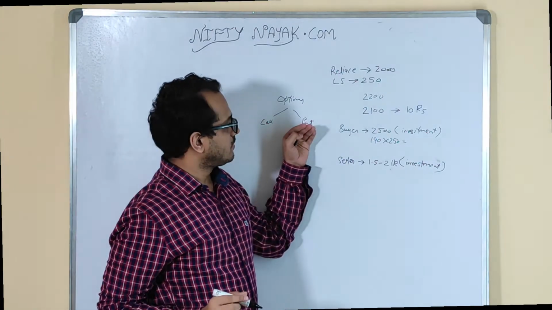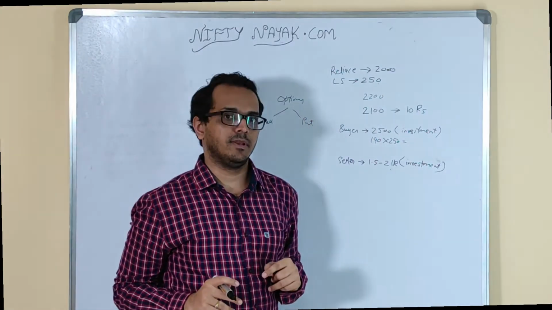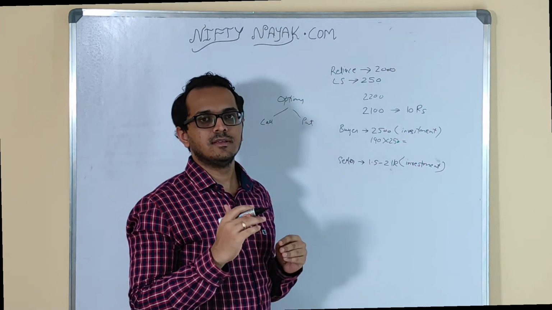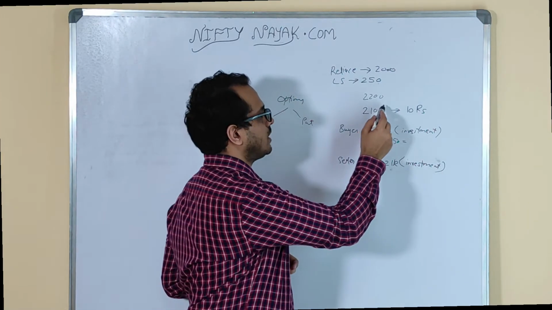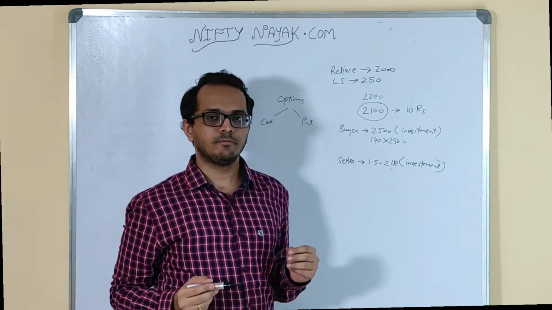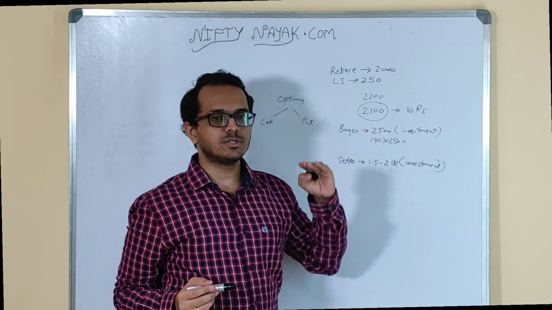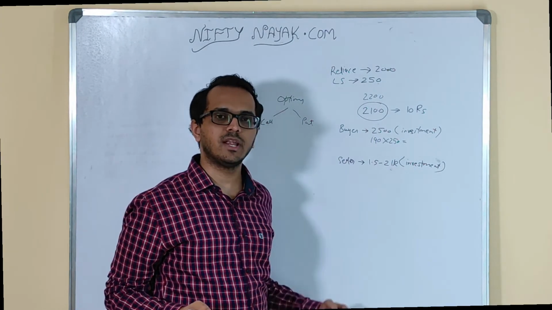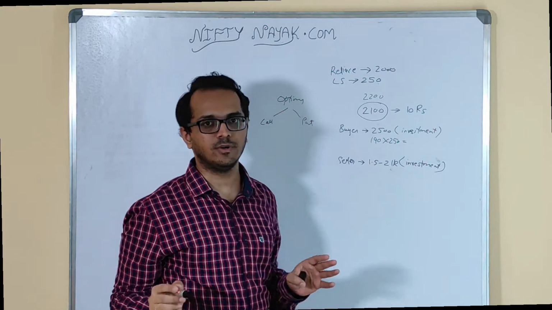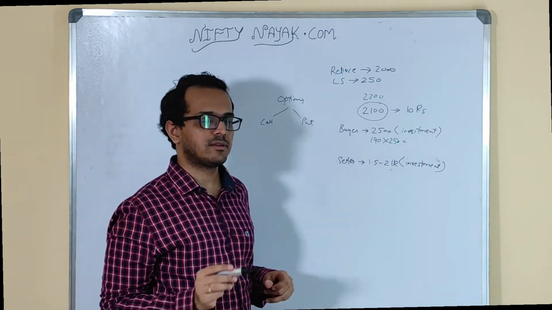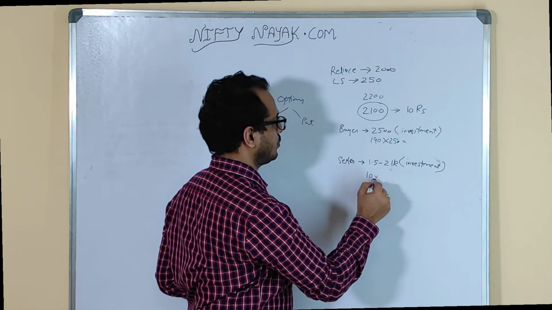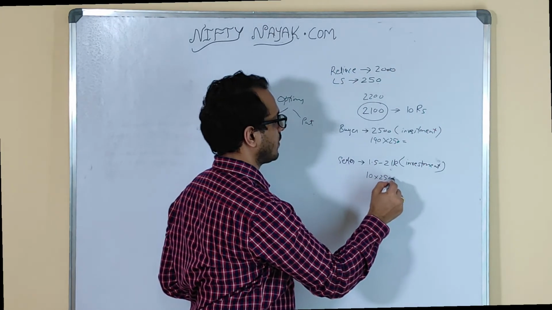Now, when will the seller make money? The seller will make money if Reliance closes below 2100. Okay? If Reliance closes anywhere below 2100, it can be 2000, 1800, 1500, whatever, the call seller will be making a profit of 10 rupees into 250, which is 2500.